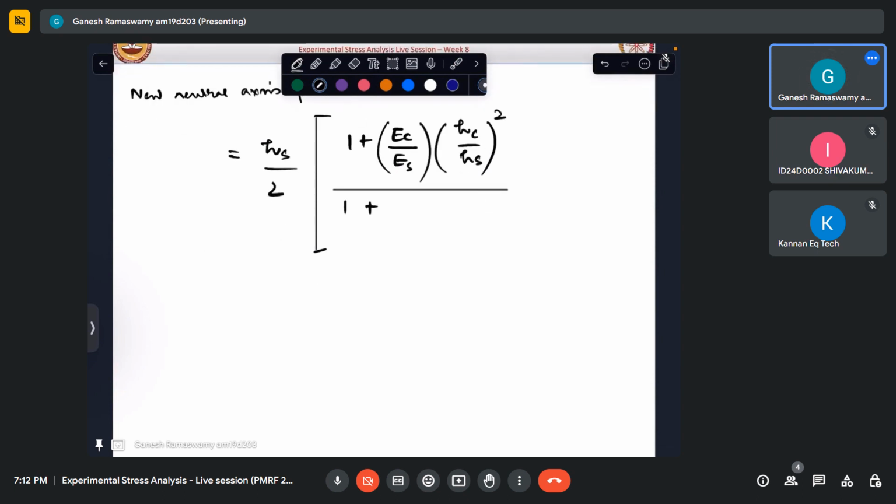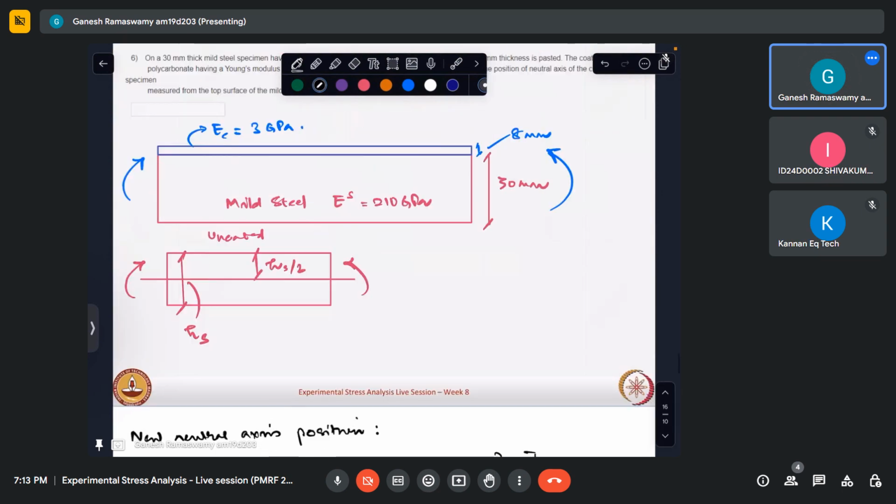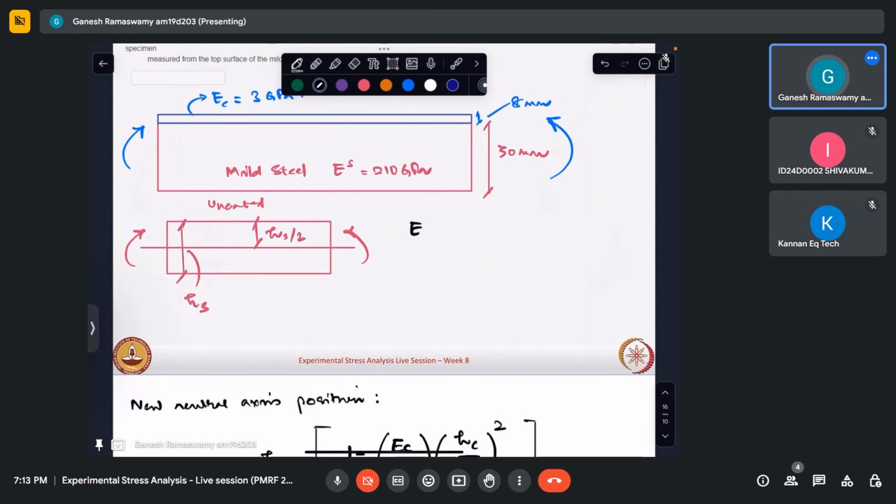So let us compute this. This is 30 mm by 2 into 1 minus EC by ES, which here is 1 by 210, which is 1 by 70. And then HC by HS is 8 by 30, which is 4 by 15.